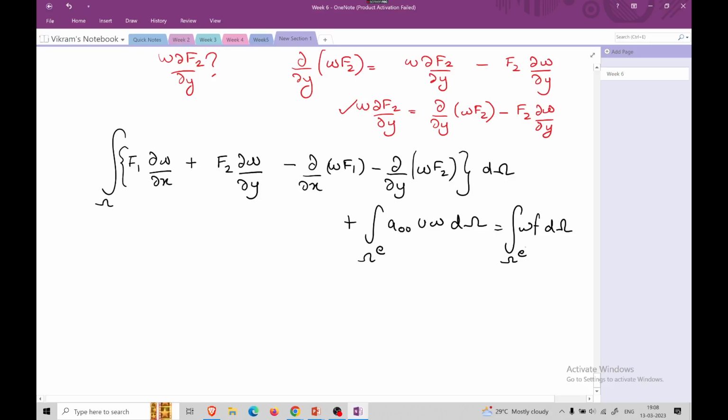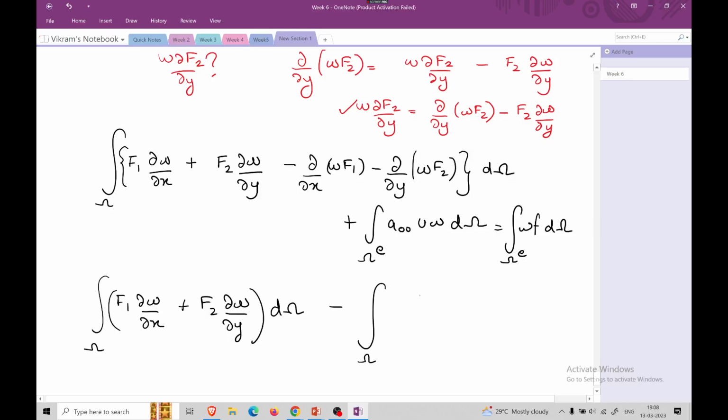Okay, so I am going to split this into two once again. I am going to retain this f1 dou w by dou x plus f2 dou w by dou y into d omega. This I am going to keep on one side, and minus on the other side I am going to keep dou by dou x of w f1 plus dou by dou y of w f2, this whole thing into d omega.